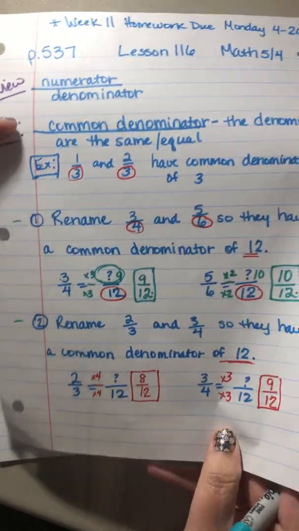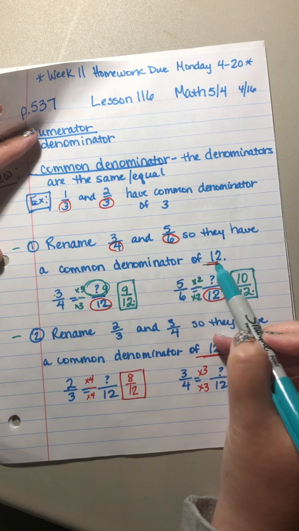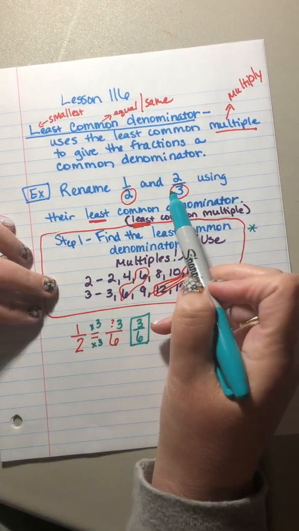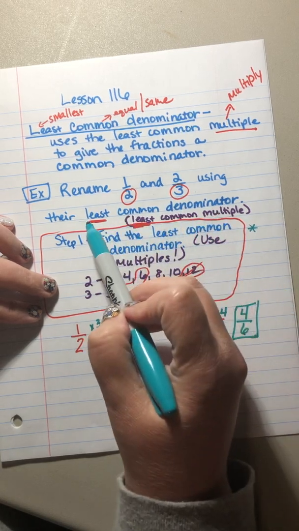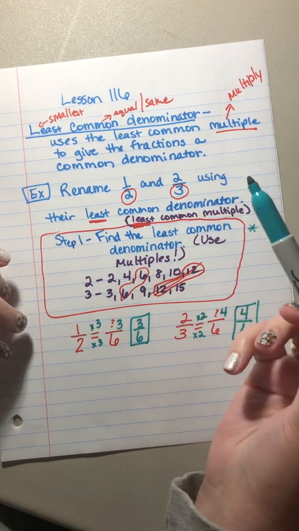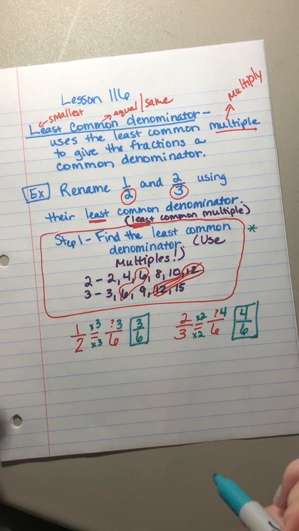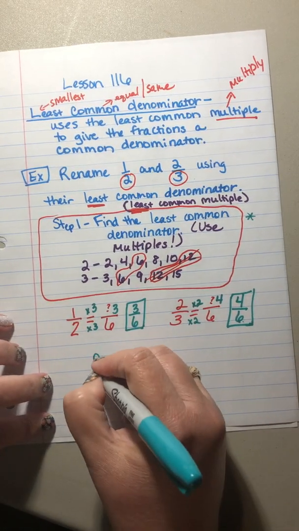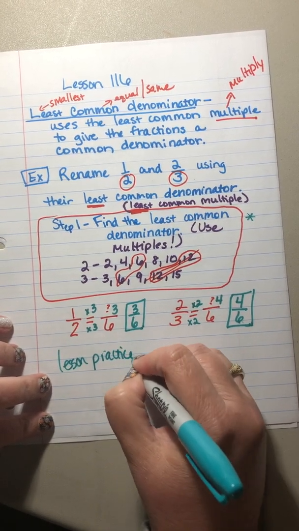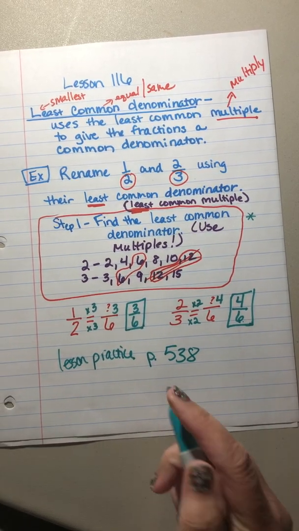Whereas on those problems, it gave you rename these 2 fractions so they have a common denominator of 12, this one's saying rename them, and you have to find your own common denominator. When it says using their least common denominator, you have to find that. So there's 4 of them that will use the multiples to find your common denominator. Lesson practice is page 538.